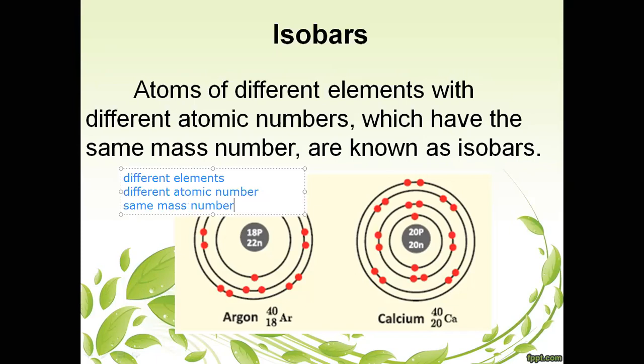That is isobars. Atoms of different elements, different atomic numbers, but having the same mass number, that is isobars. The next one is isotones.